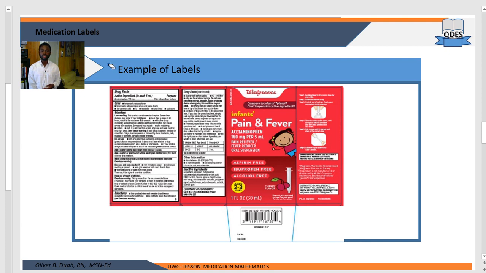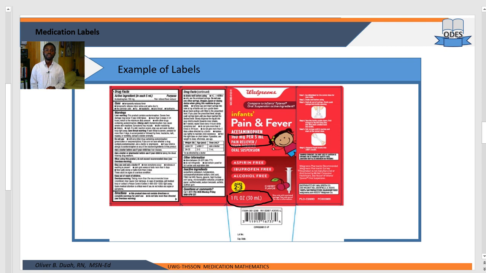Right under there, you are also going to find the concentration or the formulation. According to this label, the concentration of the formulation is 160 milligrams per every 5 milliliters. This is important when you are doing your drug calculations. You are also going to find the total volume, which is 30 ml in this bottle.